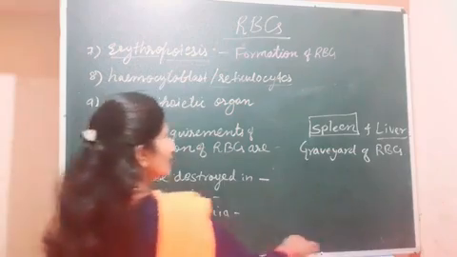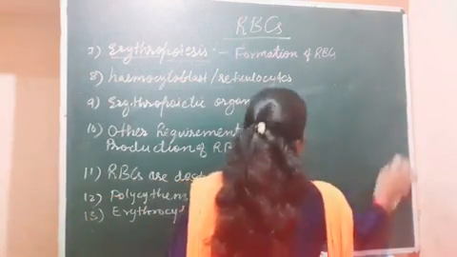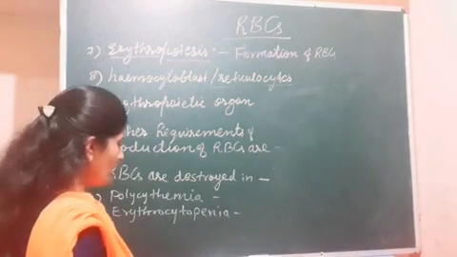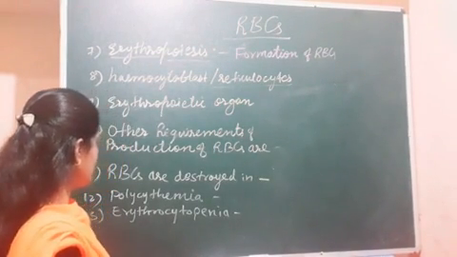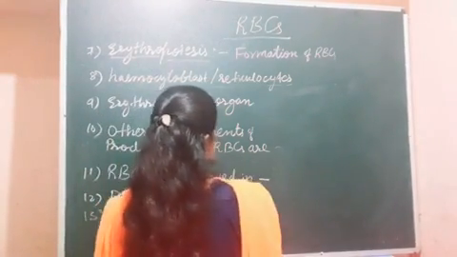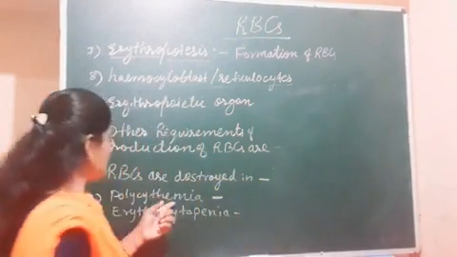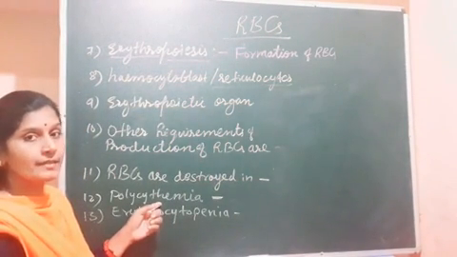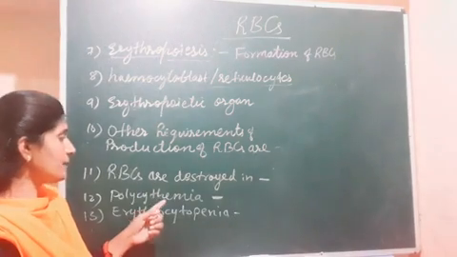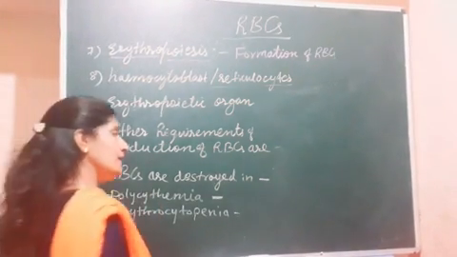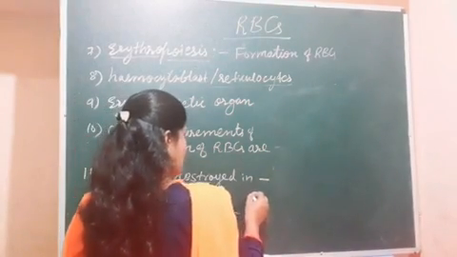Now, polycythemia. Polycythemia means what? Increase in the number of RBCs. The RBCs keep increasing, so it is called polycythemia. RBCs get increased with strenuous exercise.